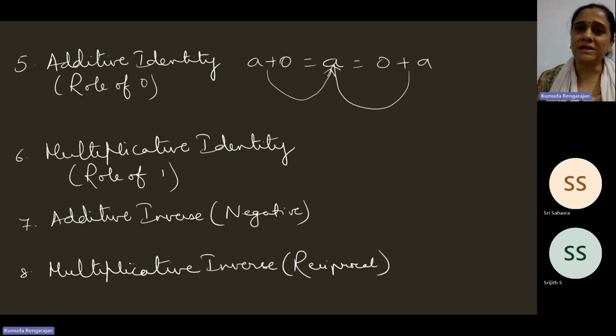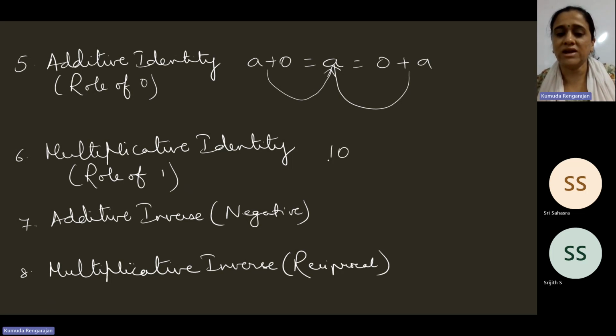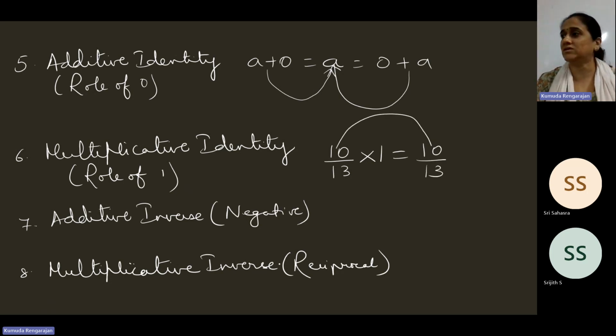Again, on multiplying, when will you get the same rational number as the answer? When you multiply by 1. So supposing you have a rational number like 10 by 13, you multiply by 1. The answer is 10 by 13 itself, the rational number itself. Identical answer, same answer.